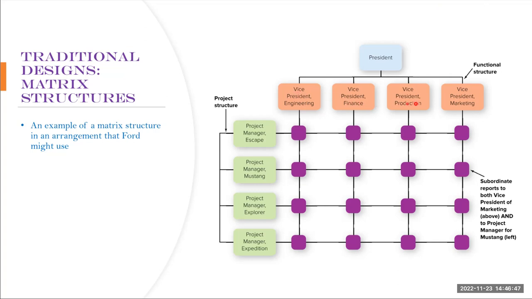So the horizontal is right here, and the vertical part is right here, right? Essentially, the functional structure usually doesn't change. It is the organization's normal departments or divisions, such as finance, engineering, production, marketing, things like that. And the divisional products may vary, for example, by product, by brand, by customer, or geographic region.